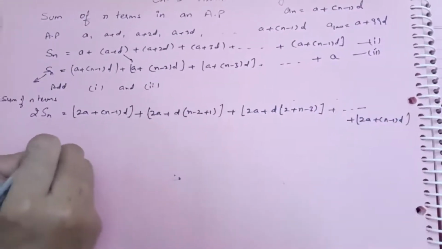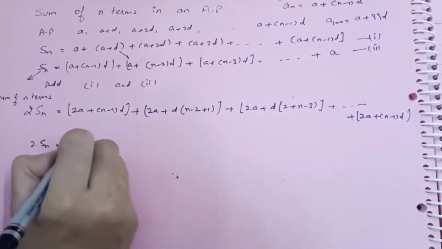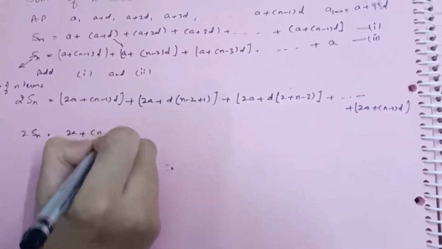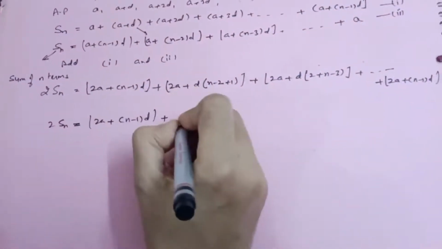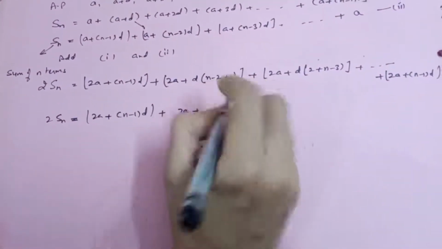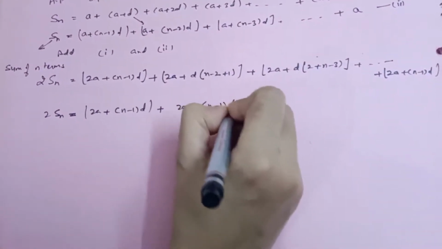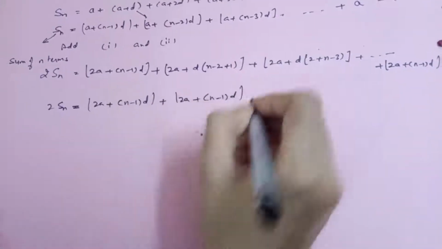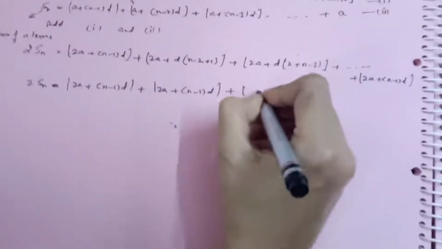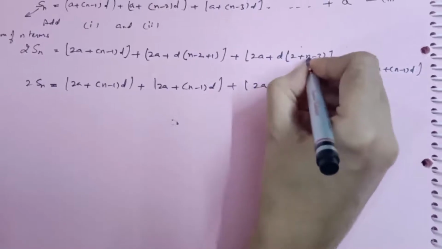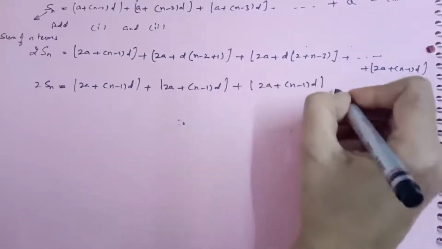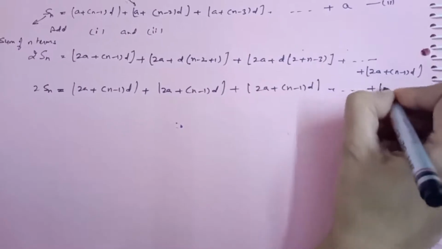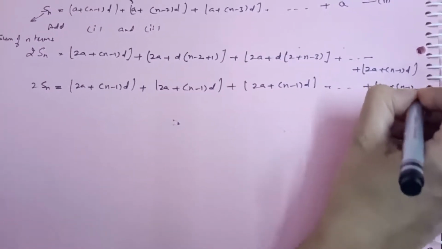So twice Sn is coming: the first term is 2a + (n - 1)d. The second is 2a + (n - 2 + 1)d, that is (n - 1)d, the same, both are same. The third one will be 2a + (n - 3 + 2)d, again (n - 1)d, also the same, till you find the last also is 2a + (n - 1)d.